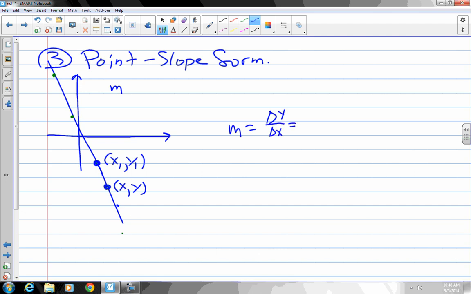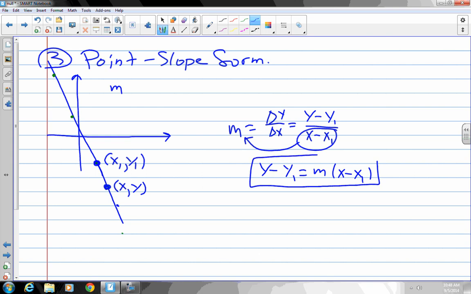Using the fixed point and an arbitrary point, it's y minus y1 over x minus x1. I can multiply both sides by the denominator, x minus x1, and it gives me this expression: y minus y1 equals m times x minus x1. This is the so-called point-slope form.